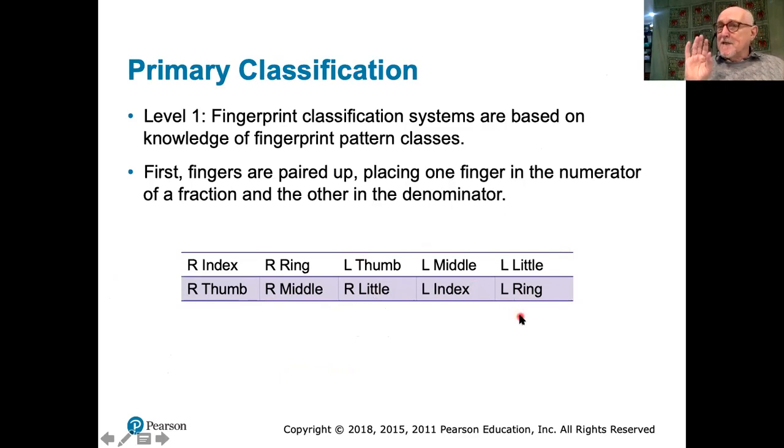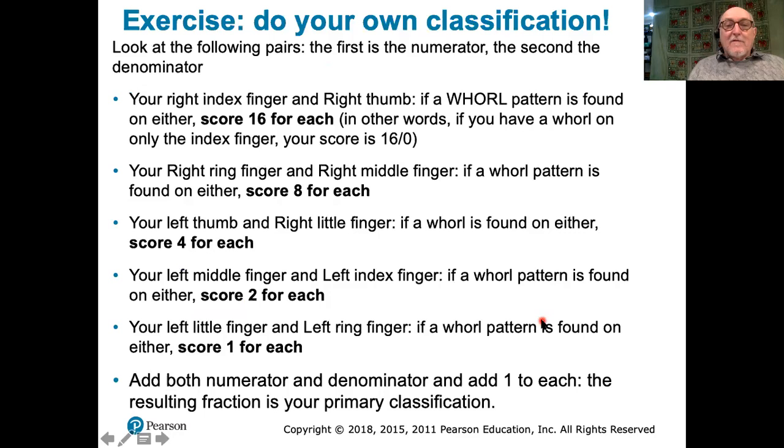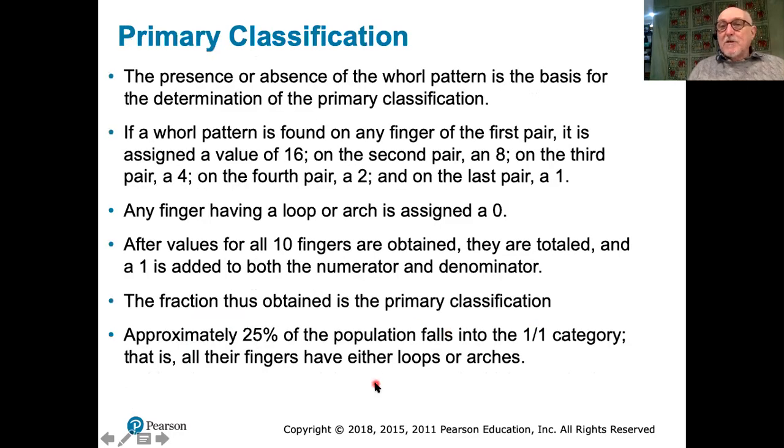Arches are excluded because they're so rare in this classification system. Only whorls are counted. For 25% of the population, the fraction they end up with is 1/1. You'll remember you added 1 to the numerator and 1 to the denominator, so in other words, everything else was 0 for them. It's just a sorting mechanism. But work it out for yourself, and you'll see how it works.